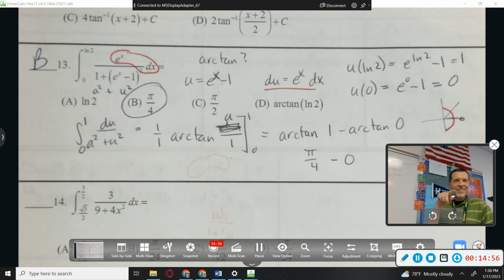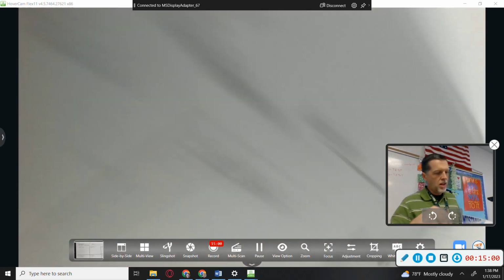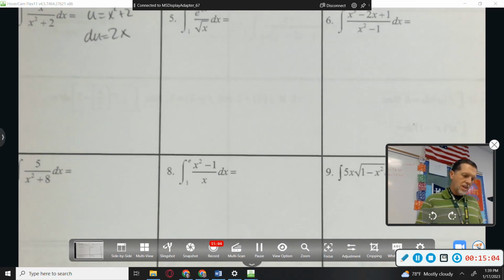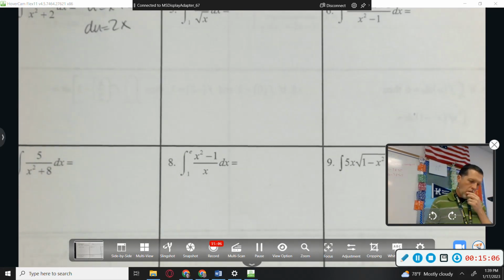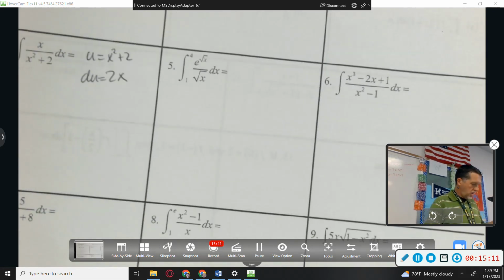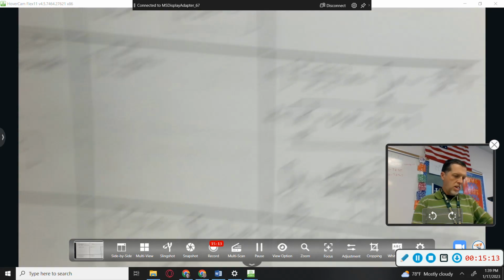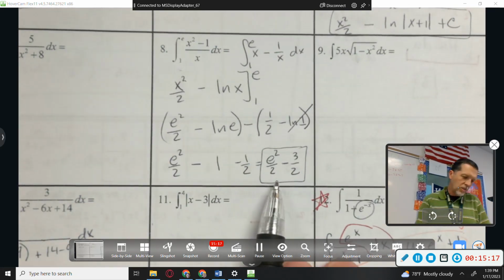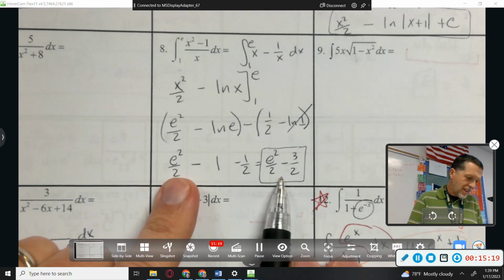On number 8 on the review, there's sine split from x minus 1 over x to x plus 1 over x. On the posted answers? Yeah. So is this not what I got? That's what I got.